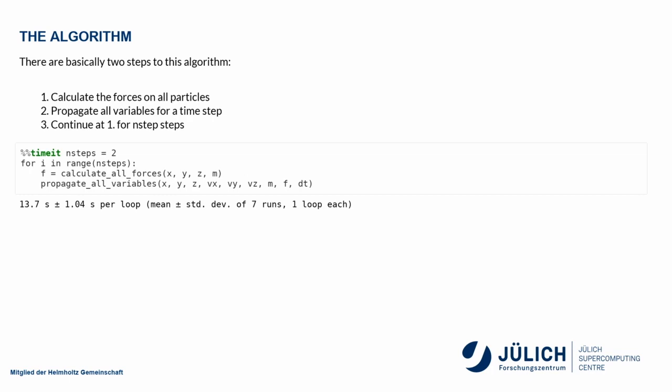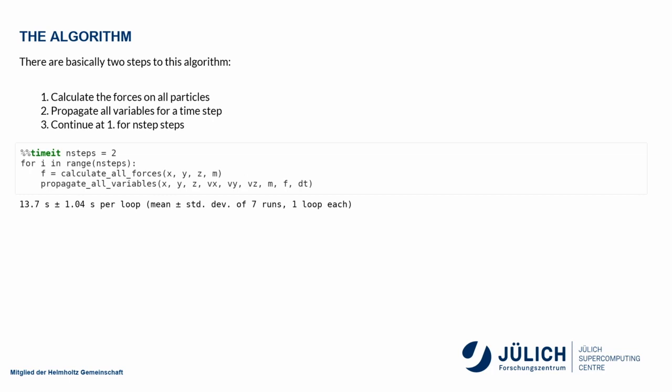The relevant time scales for biological phenomena start at about 10 to the minus 6 seconds. So I have to do of the order of 10 to the 9 steps. At 13 seconds, that would be pretty bad.